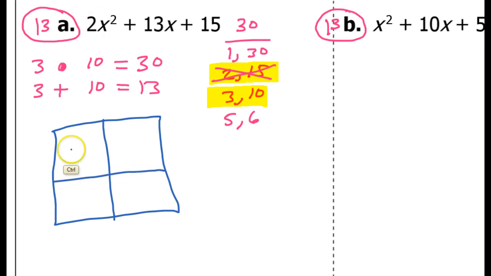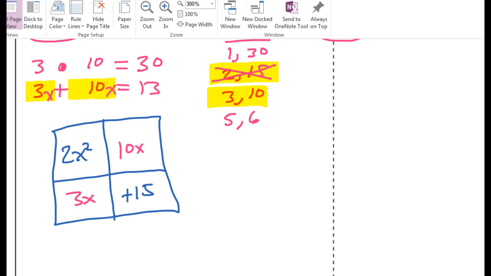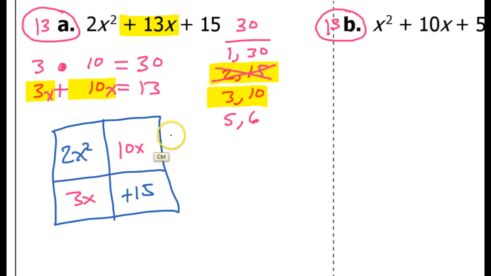In the first square goes the first term, so 2x squared. In the final square goes the final term, 15. For the other two squares, we're going to take this middle term and split it up using the two numbers that we just found. So instead of 13x, we will have 3x and 10x, which I will put here and here. Now we will do the GCF of every row and column. The GCF of the first row is 2x.